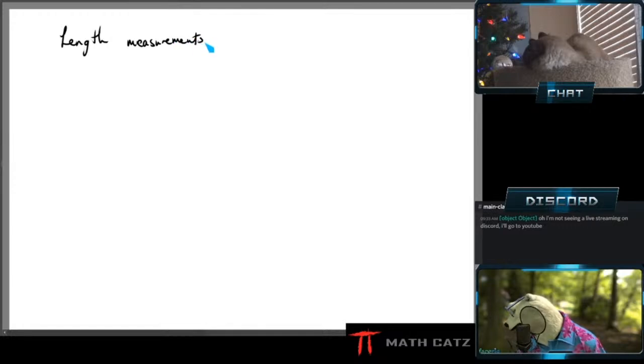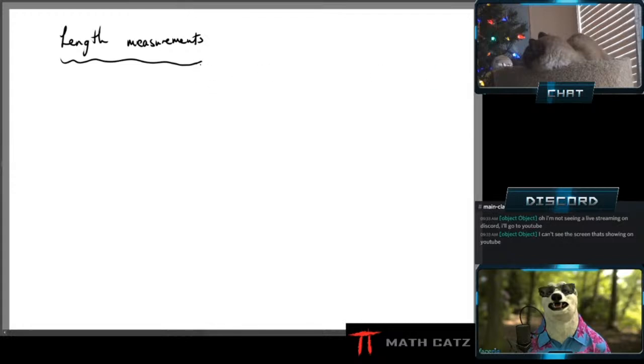When you teach that, you might think it's a given because you're so used to measuring lengths and distances, but to a student learning that for the first time, it's brand new information, and you don't want to take that for granted.